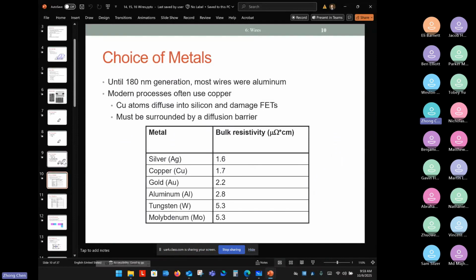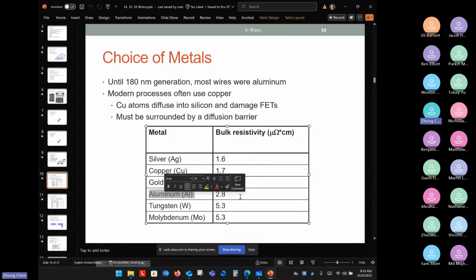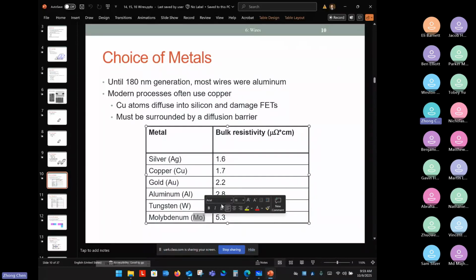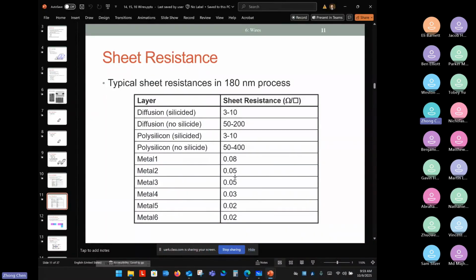We'll see. Copper and aluminum are very commonly used because of the price and the ease of deposition. Gold and silver are for some specific processes, and they create a lot of lifetime issues for gold. Tungsten and molybdenum are also used for specific processes.